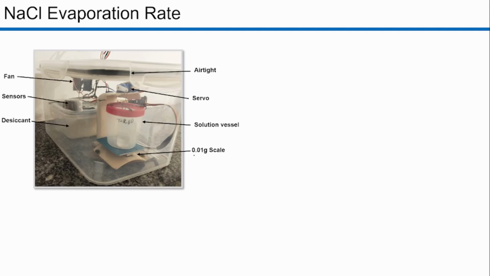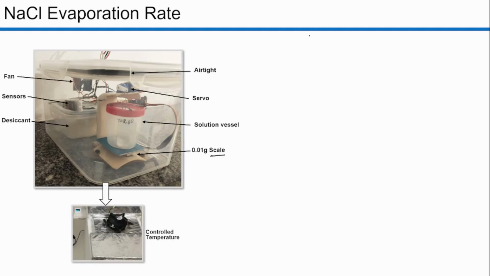This is a scale that I made with a simple scale, and in this environment we have a fan to uniform the air, some temperature and humidity sensors, and a desiccant, which in this case is silica gel. These things are controlled by an Arduino, and I'm thinking of sharing it in the future. But for now, this is the apparatus.